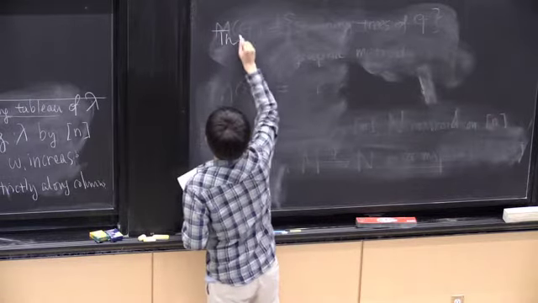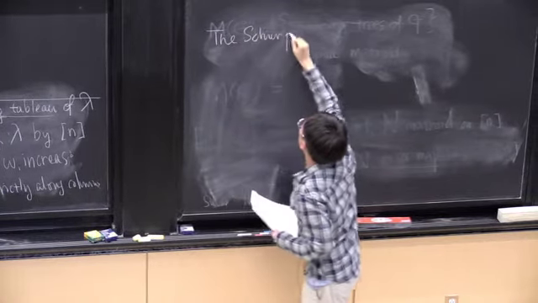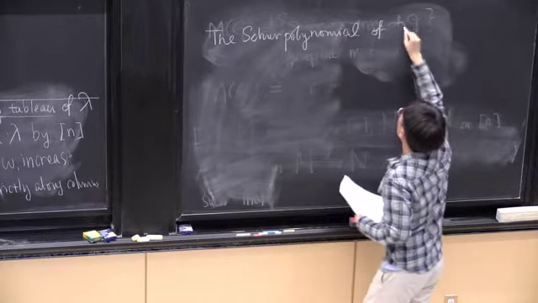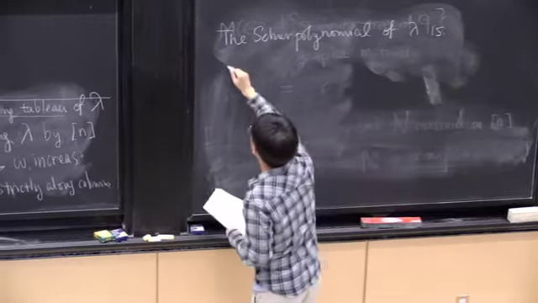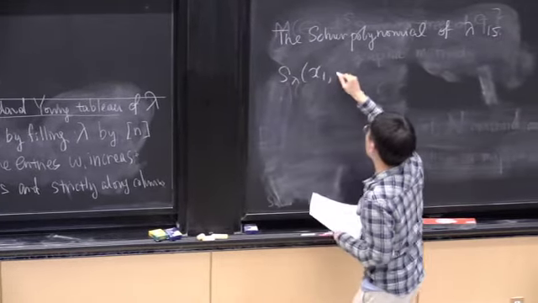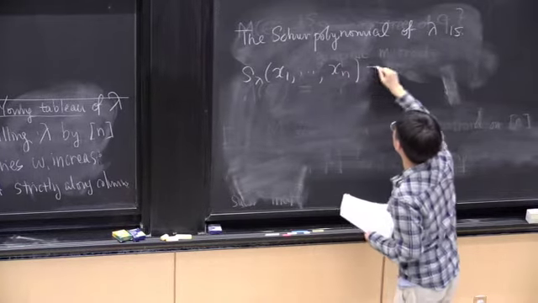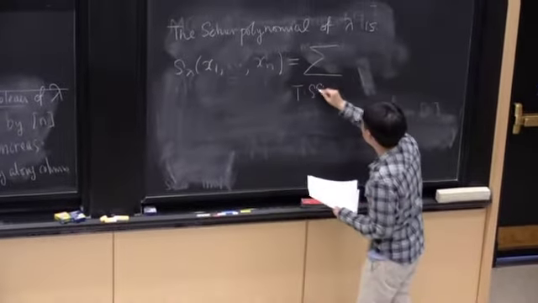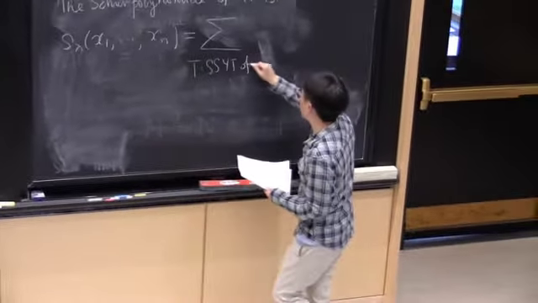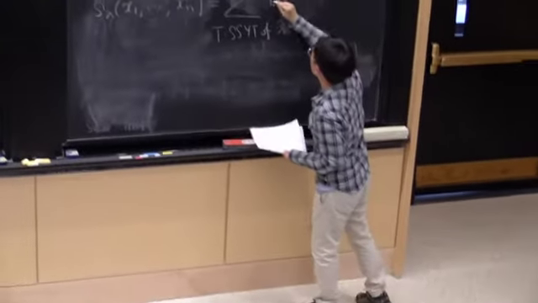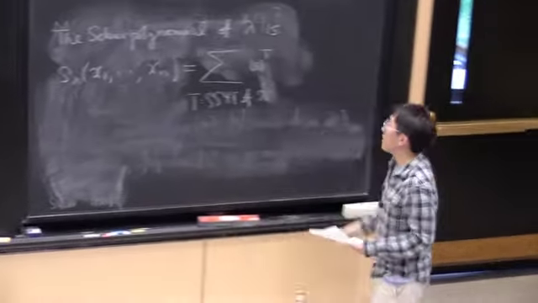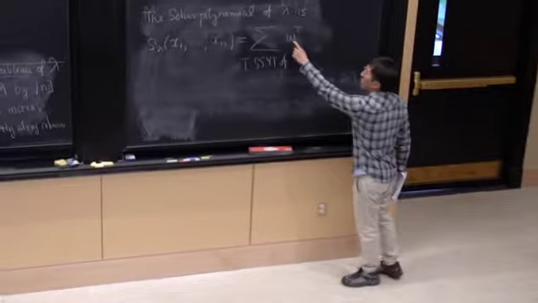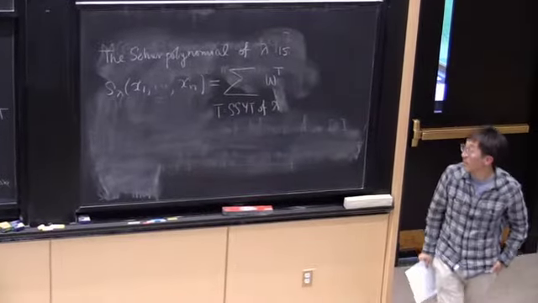And then you define the Schur polynomial of lambda by saying that it is a polynomial in n variables, which is obtained by summing over all semi-standard Young tableaux of shape lambda, where the monomial corresponding to a given semi-standard Young tableau T is obtained by multiplying all the variables corresponding to the entries of its boxes.